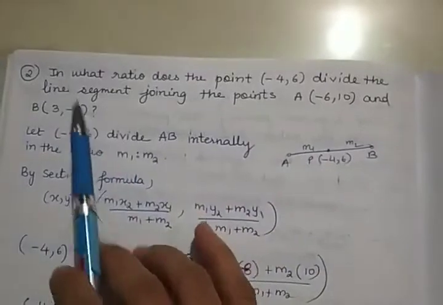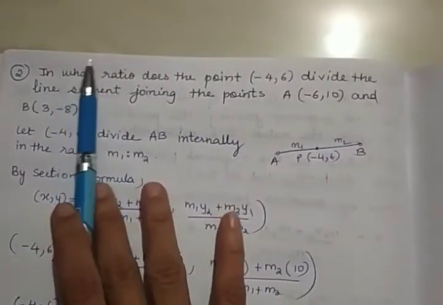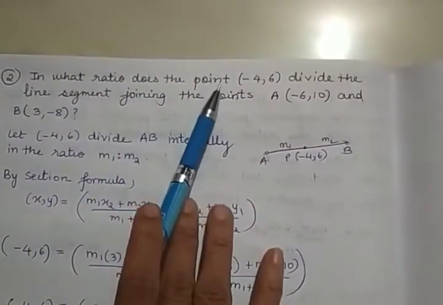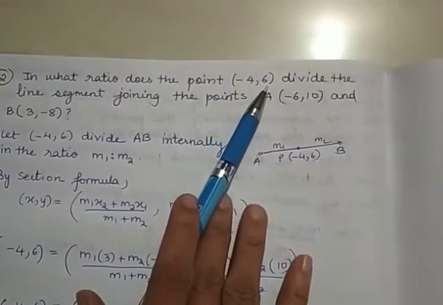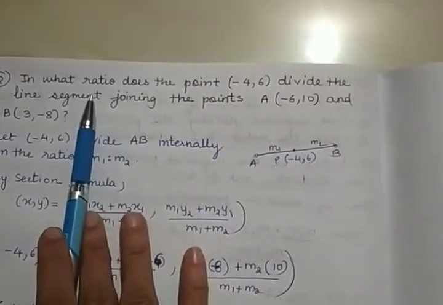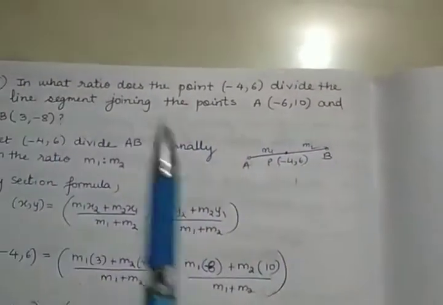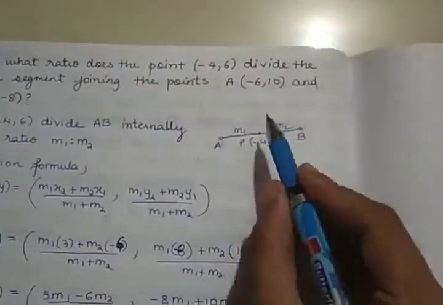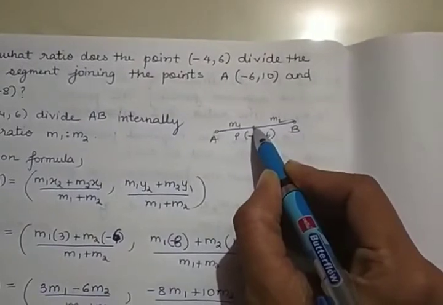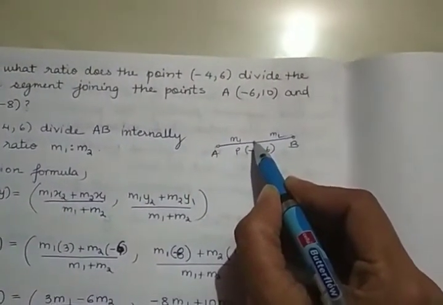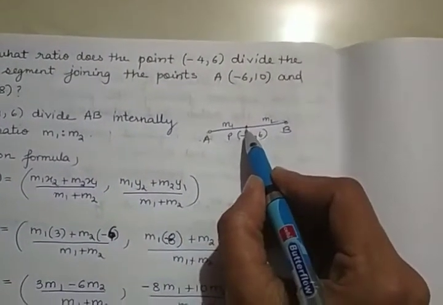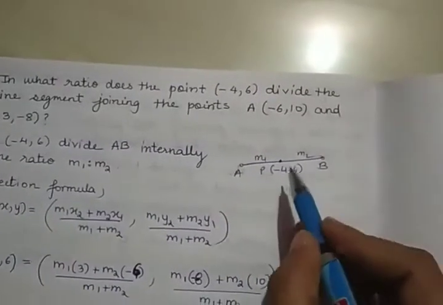Now let us take another example. In what ratio does the point (-4, 6) divide the line segment joining the points A and B? You are given that this point divides the line segment in some ratio.